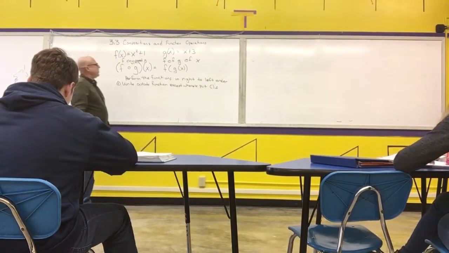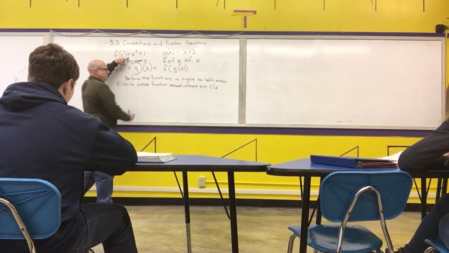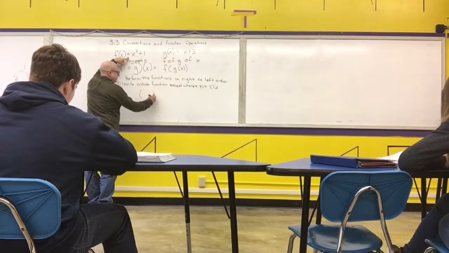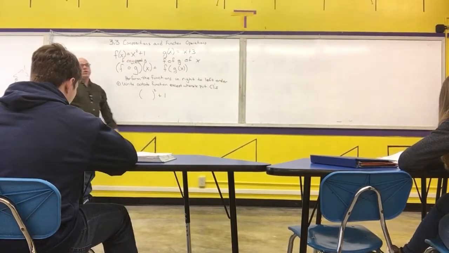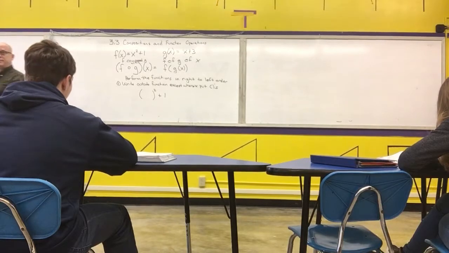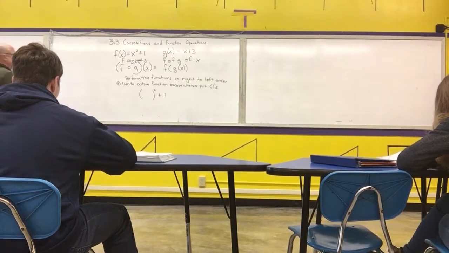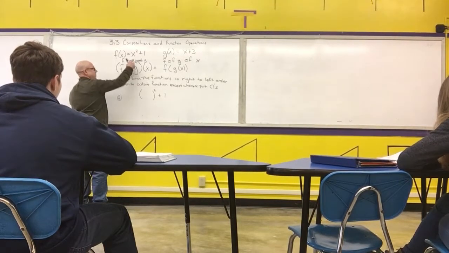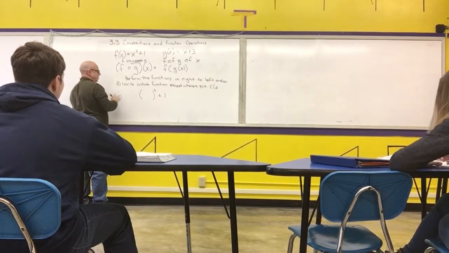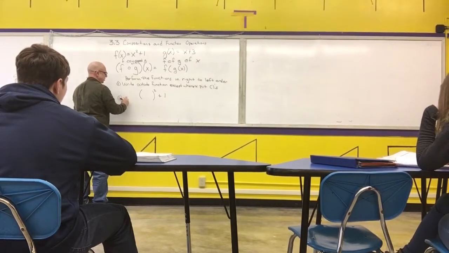So my first step is to write down my outside function, which is f. Where there's an x, I'm going to put parentheses. Any questions on my first step? What do you think I'm going to put in the parentheses? I just had an x there. So in parentheses, put the inside function.